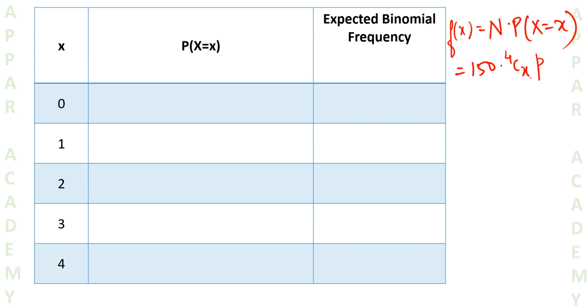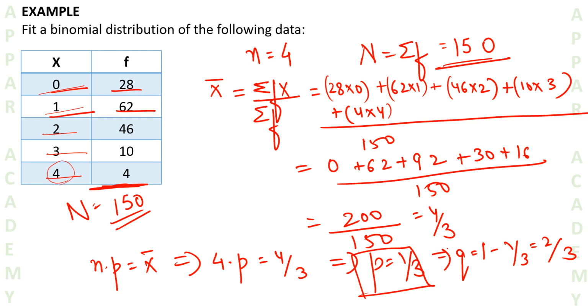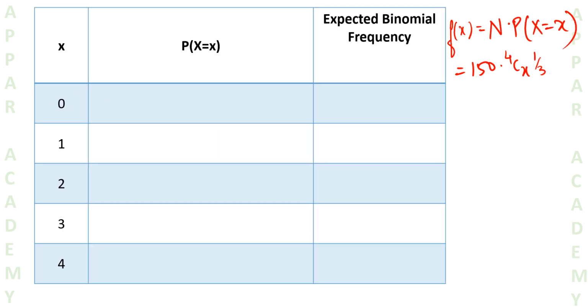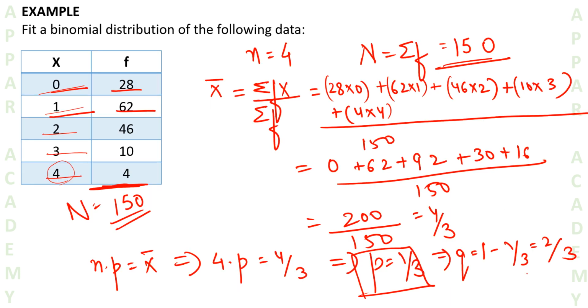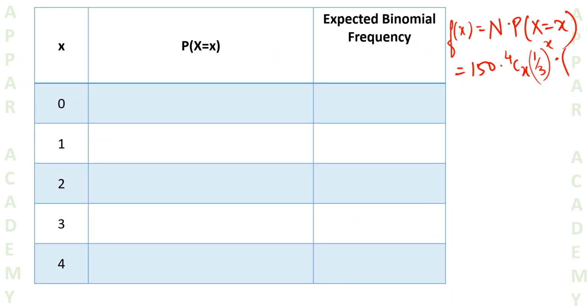Then probability P of success, that P we can also write as 1 by 3, so 1 by 3 to the power x, into, what is Q? Q is 2 by 3, so 2 by 3 to the power n minus x. So this becomes simply 150, let's write down more clearly, 4Cx 1 by 3 to the power x into 2 by 3 to the power n minus x. Yeah, it's quite clear now.